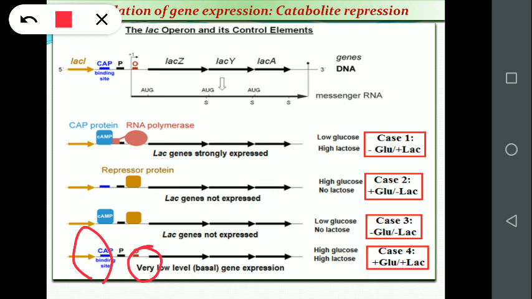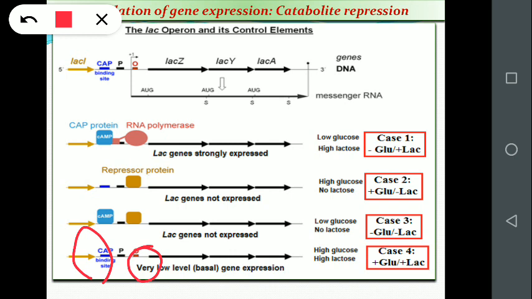So now what happens? Here the activator is not there, and at the same time the repressor is also not there. Nothing is there. The RNA polymerase is unable to bind to the promoter because the activator is not there, but the operator is also unoccupied, so a very low level of expression takes place. If the cap site is occupied, then a high level of expression takes place.